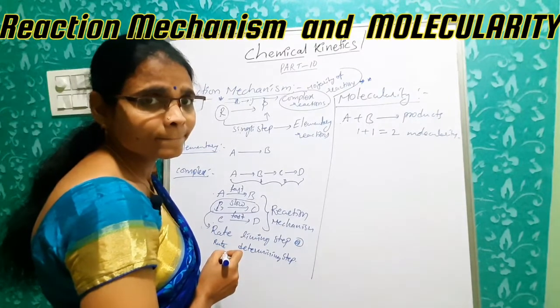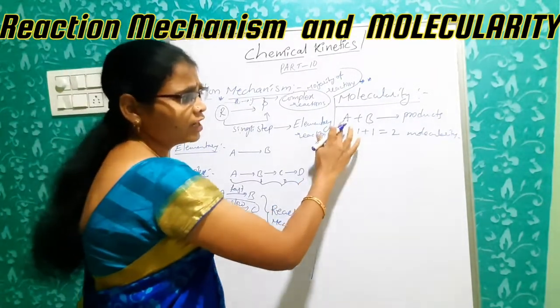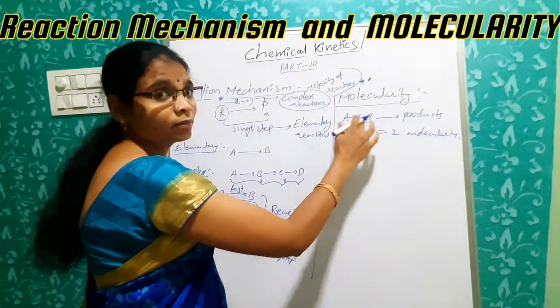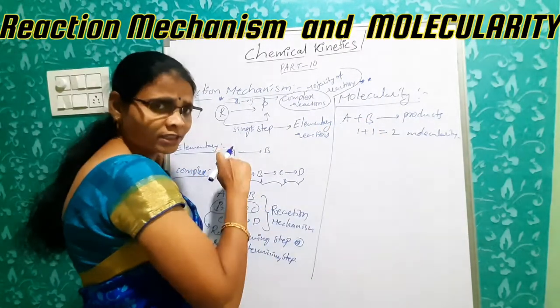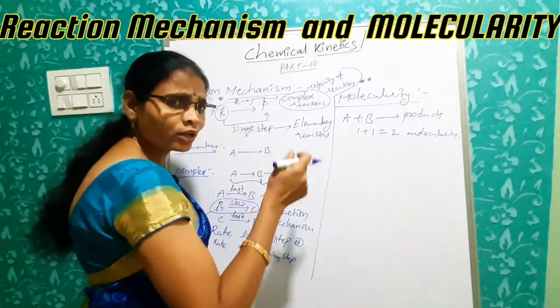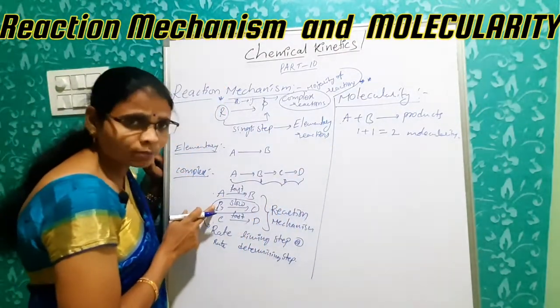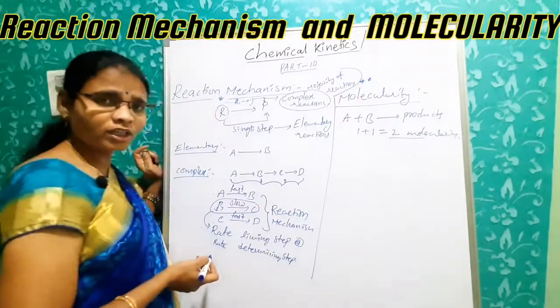Simply, the number of atoms, ions or molecules, the reacting molecules, that participate in the elementary step or a balanced stoichiometric equation, or for complex reactions in the slow step, is called the molecularity of that reaction.